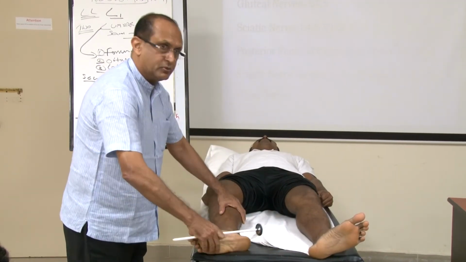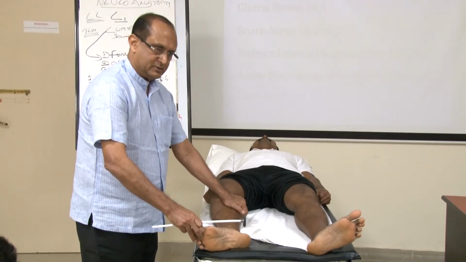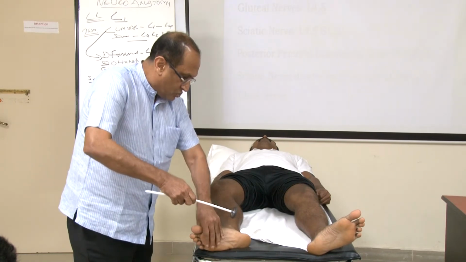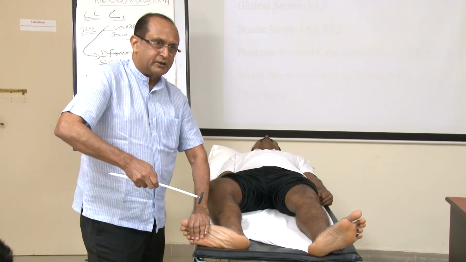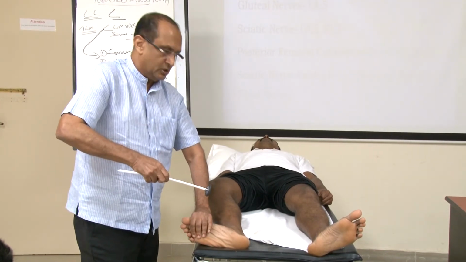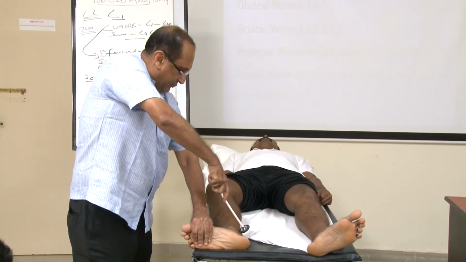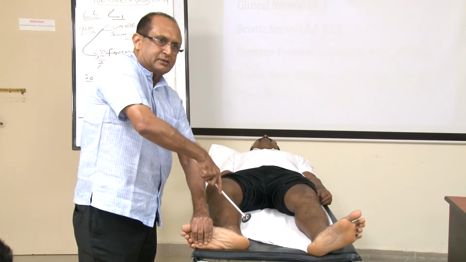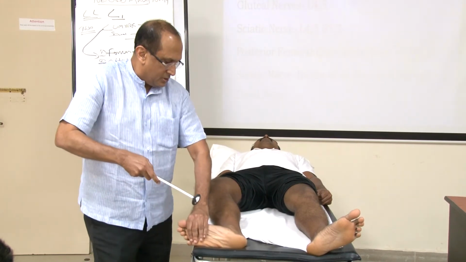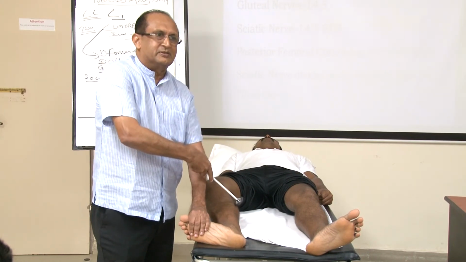Now comes the ankle jerk. You make sure that the gastrocnemius is not contracted, it is relaxed, and not in very full extension. You should not do it like this; this is the wrong technique for eliciting the ankle jerk. Keep it medium, just slightly, and then tap it like this and you can elicit it. Most of the people I have seen do like this and then tap, and nothing will be there because the gastrocnemius is already contracting.